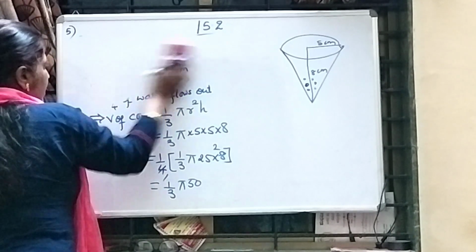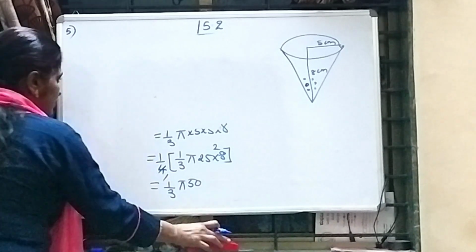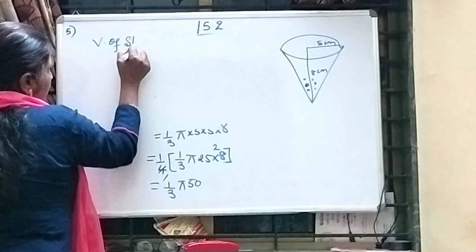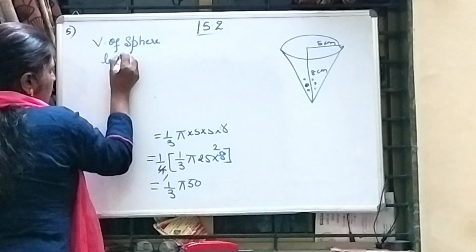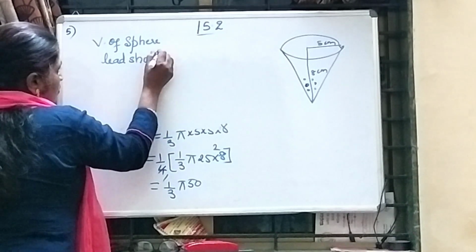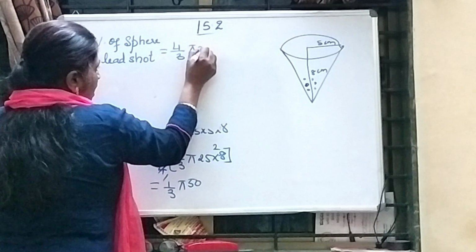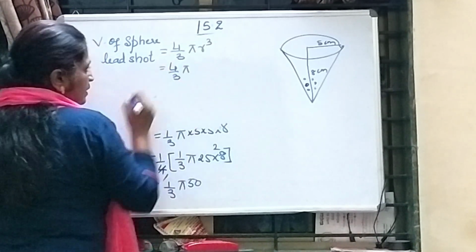Now we write the volume of one sphere, that is, one lead shot. Volume of sphere is equal to 4 by 3 pi r cube. So 4 by 3 pi I'll write as it is.